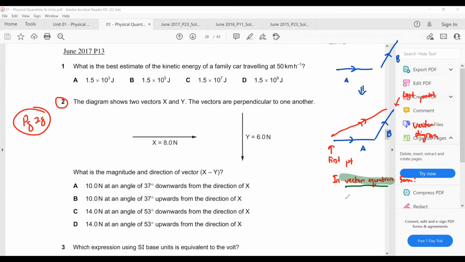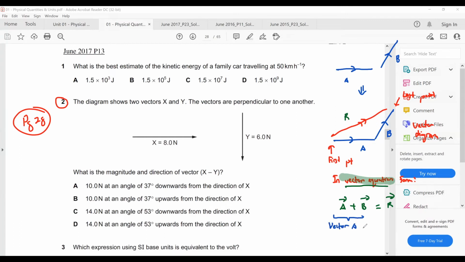This diagram in vector equation form is actually represented as vector A plus vector B equals your resultant vector.